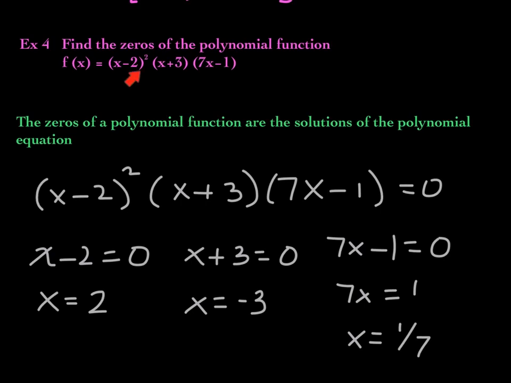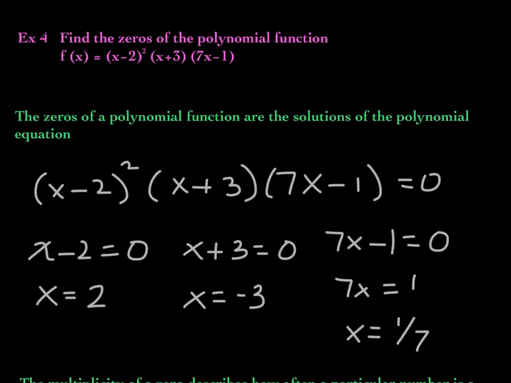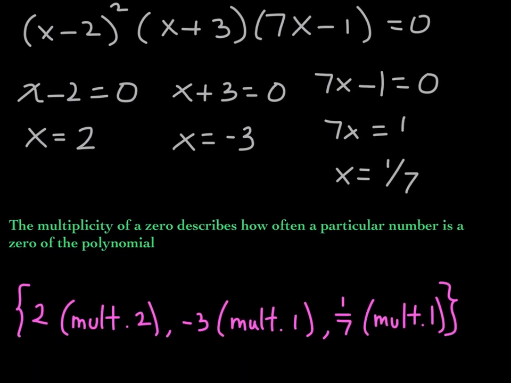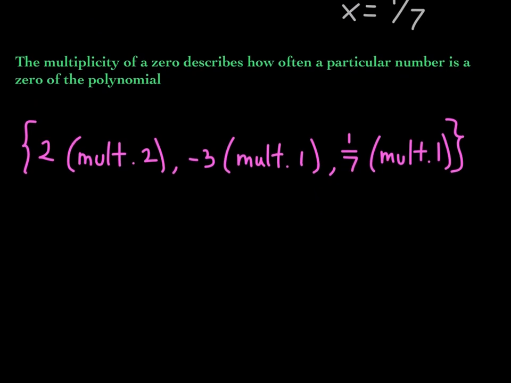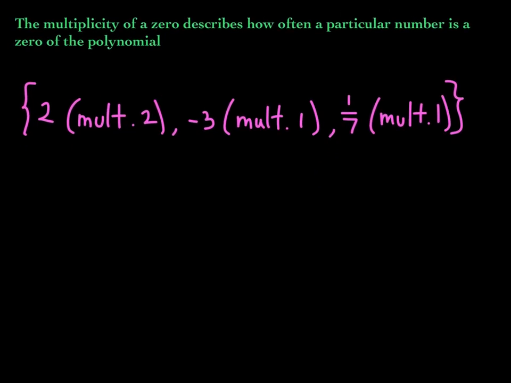You'd have to add the powers to find the degree. 2 plus 1 plus 1 is degree 4. The polynomial was a degree 4 polynomial, and it ended up having 4 zeros, counting multiplicity. Please notice that relationship.